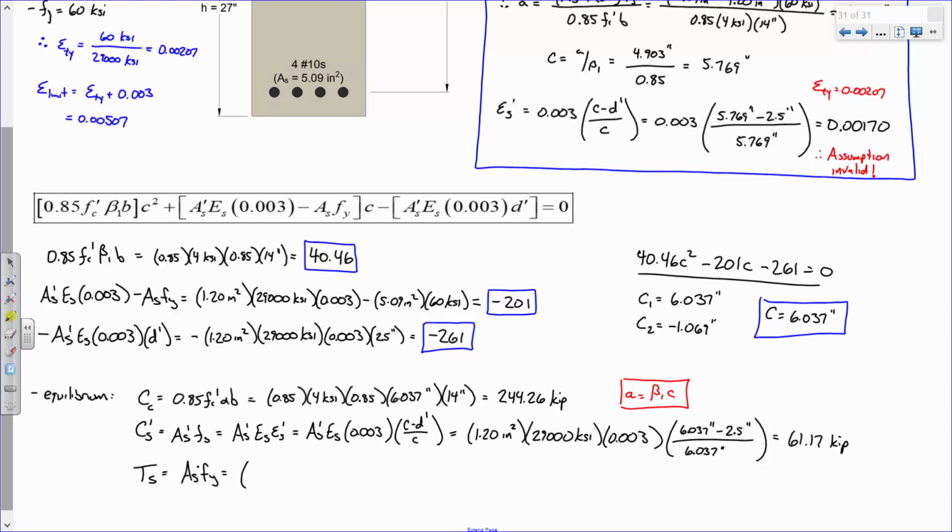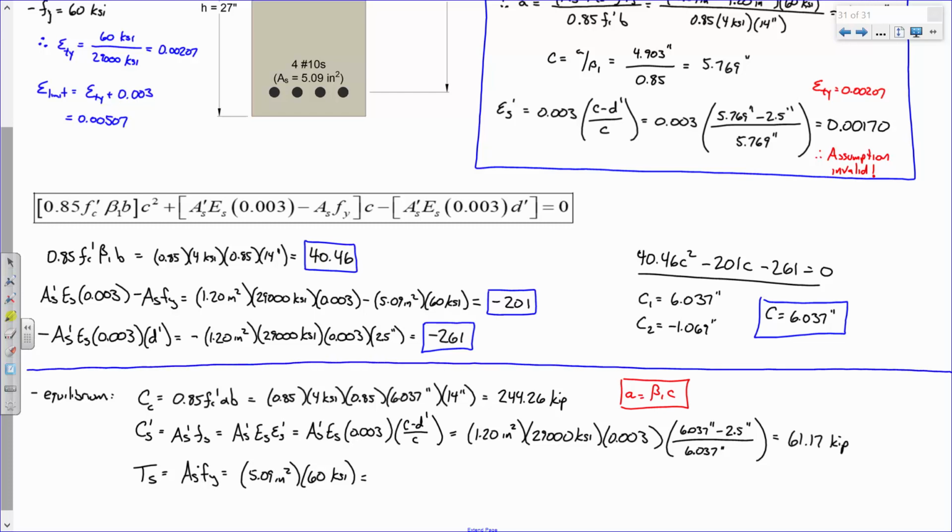So 5.09 square inches times 60 KSI. Let me put a little line here so I divide that. Very easy to see. So what is that? 300 something, right? 305.4?